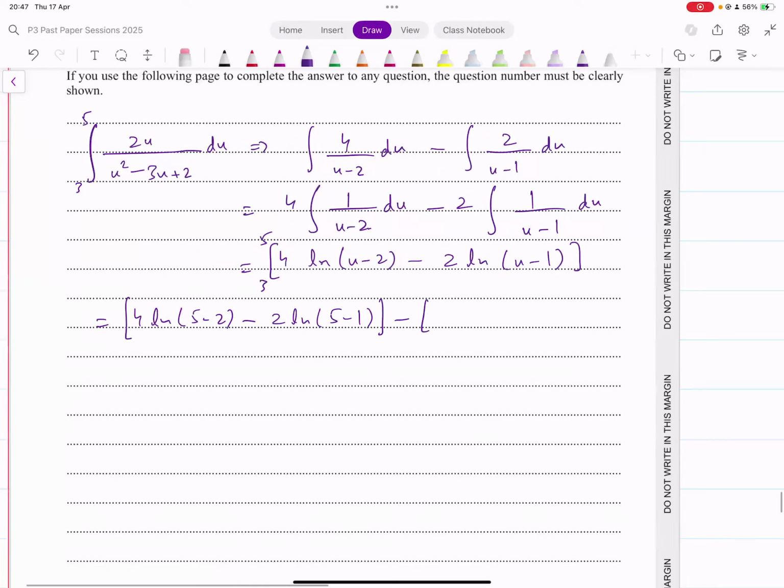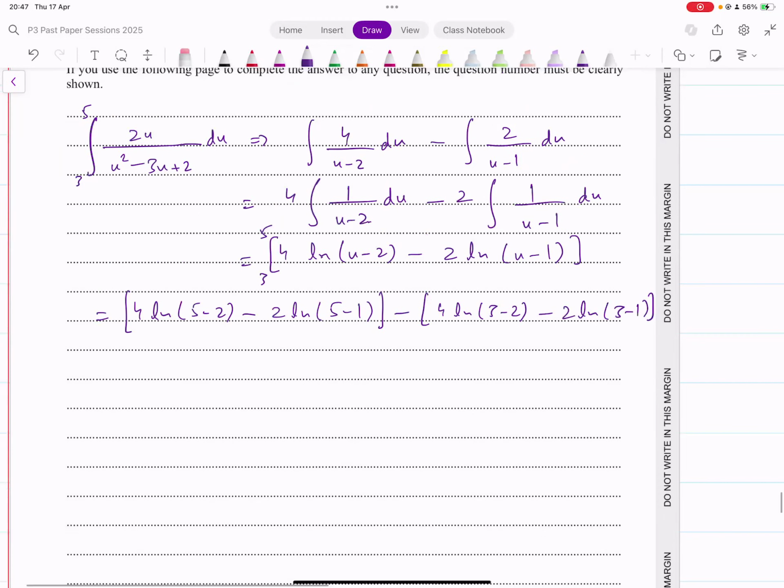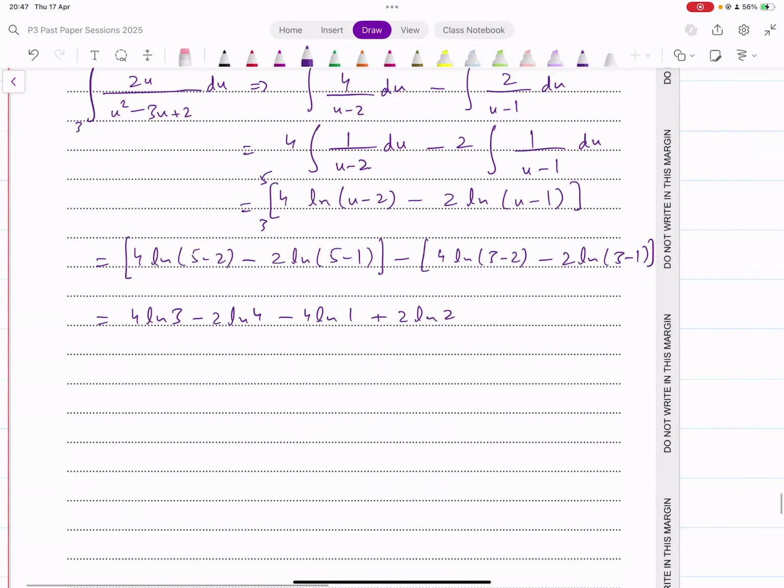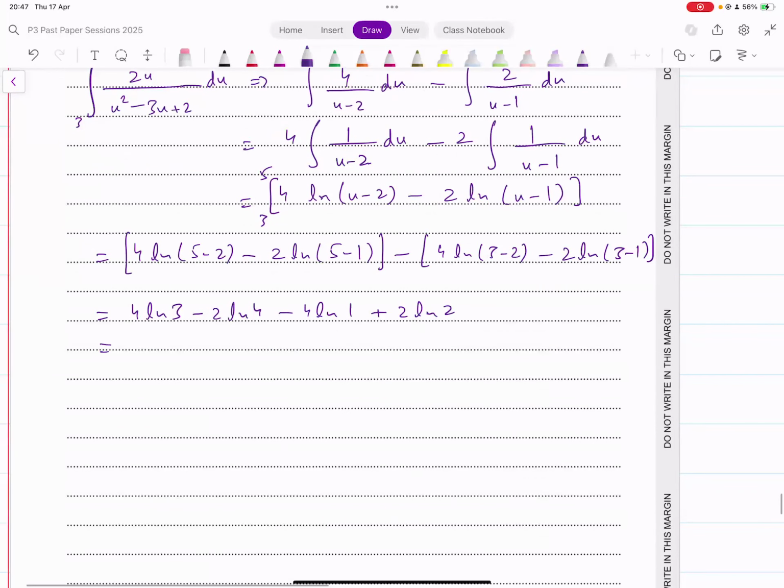Subtract from this the case when you input 3, and that gives you 4 ln of 3 minus 2 minus 2 ln of 3 minus 1. Let's simplify this. We get 4 ln 3 minus 2 ln 4 minus 4 ln 1 plus 2 ln 2. ln 1 becomes 0, and we're just left with 4 ln 3 minus 2 ln 4 plus 2 ln 2.